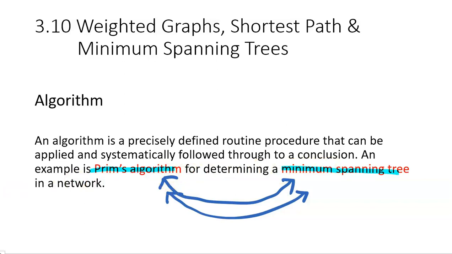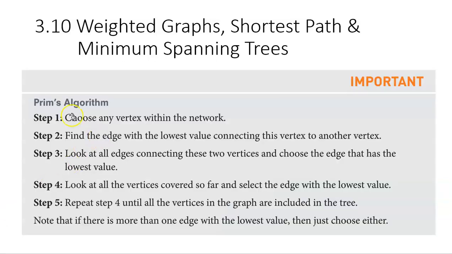Let's look at the algorithm over here. I will go through it really fast because I will show you using an example. Step 1, choose any vertex within the network. That means you can start at any vertex that you want. Step 2, find the edge with the lowest value connecting this vertex to another vertex.